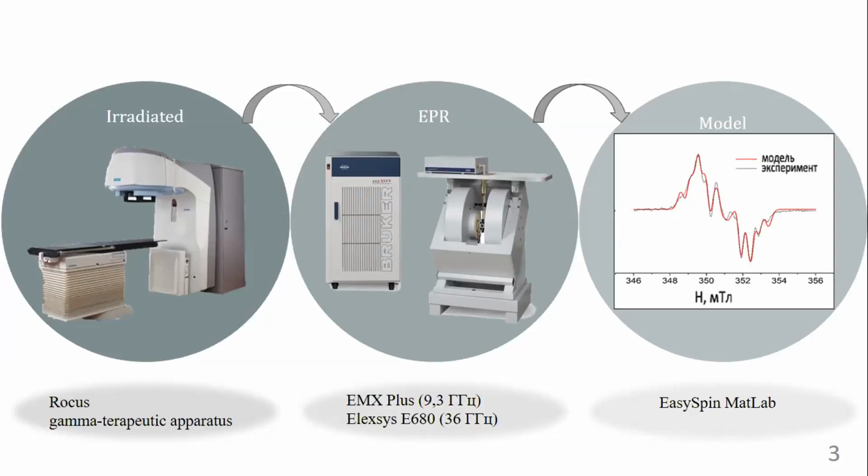However, in this case, one has to make simplifying assumptions, for example, about the isotropy of the g-factors and hyperfine interaction parameters. In this respect, the method of calculating the parameters of the EPR spectrum using quantum chemical methods is more attractive, which was the purpose of this work.